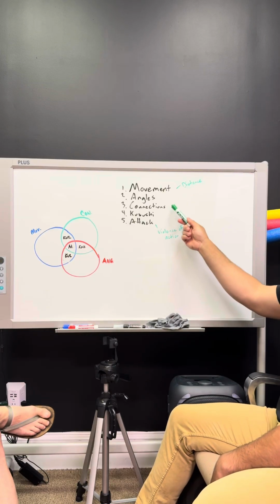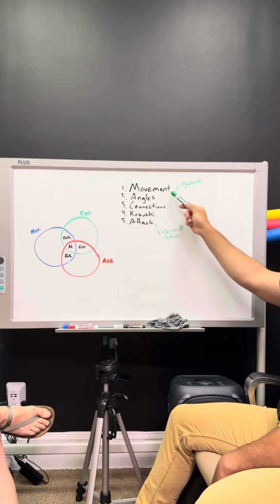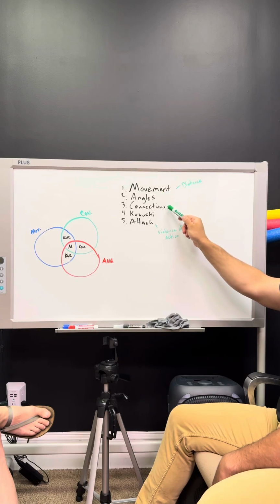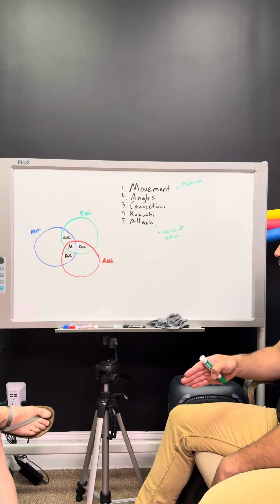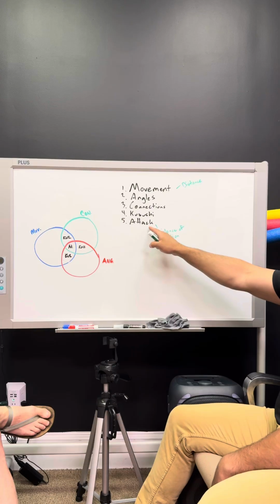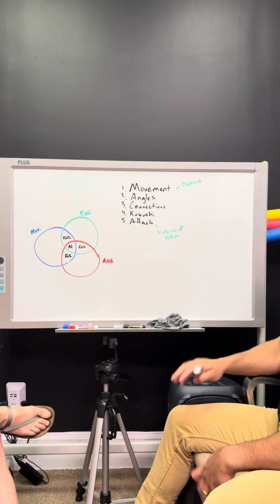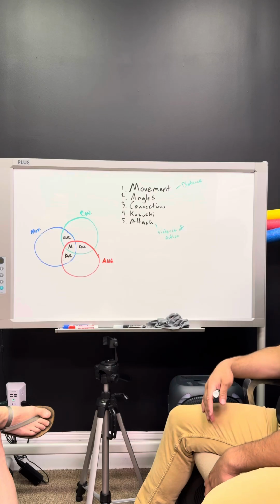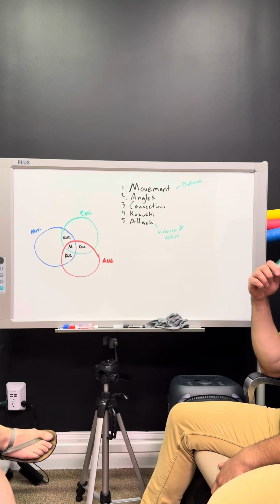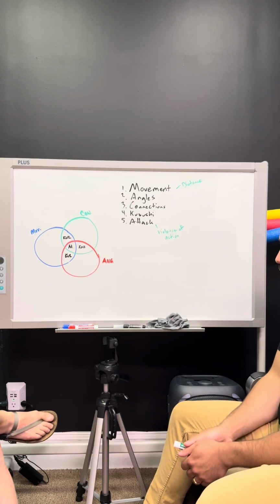And connection still applies because this dictates this. If I'm at a range where I've moved to an ideal angle, I can still just go straight to attack. I don't even need to grab you because you are at a position of opportunity. Same thing like Uchimata, the classic demo Uchimata, they're bent over here.